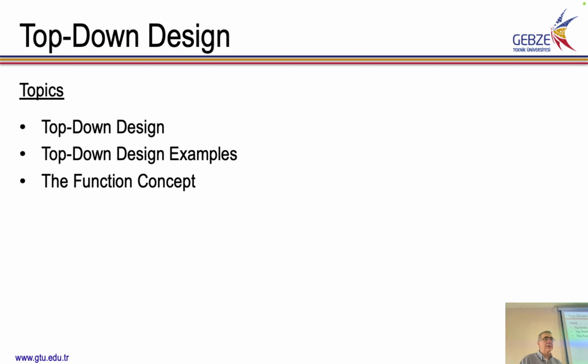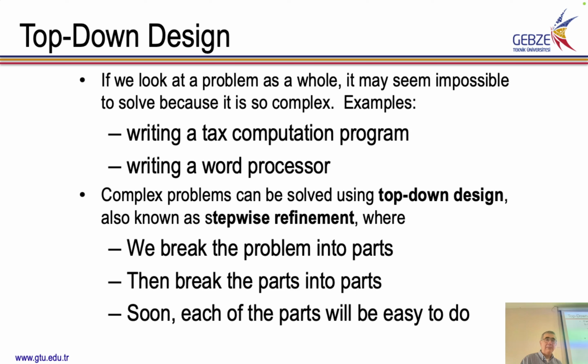So this top-down design goes through the function concept. Let me go into detail. If you look at the problem as a whole, it could be impossible to do because it is so complex, such as writing a text computation program or writing a word processor.